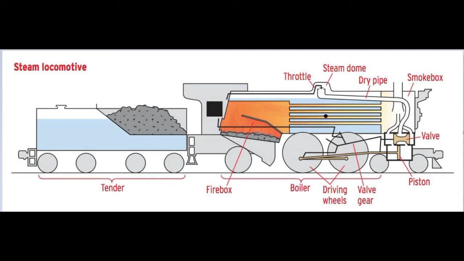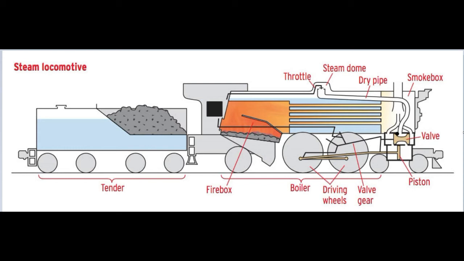steam. The steam goes through a pipe with a valve, because sometimes if the steam pressure is too high they need to get rid of some of it, so the steam is controlled by a valve.